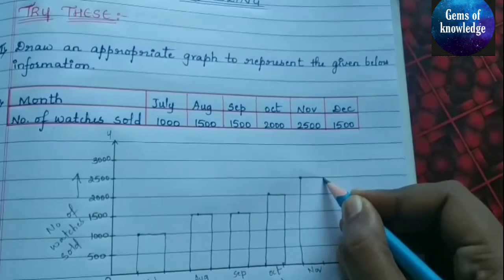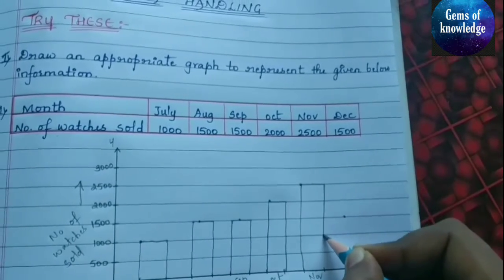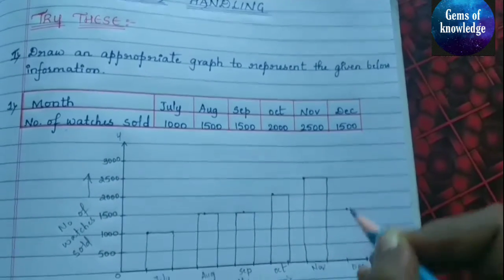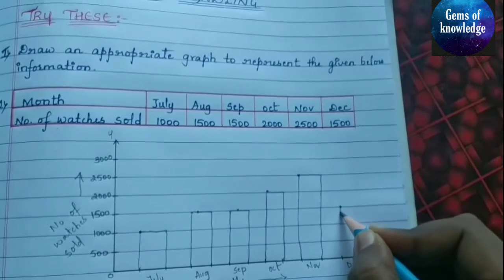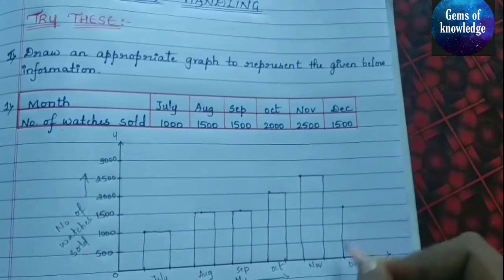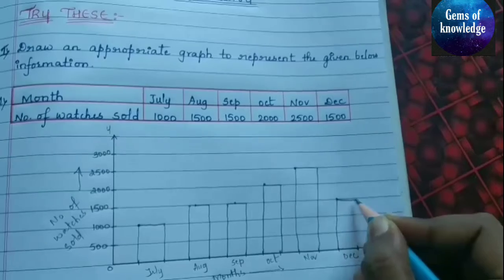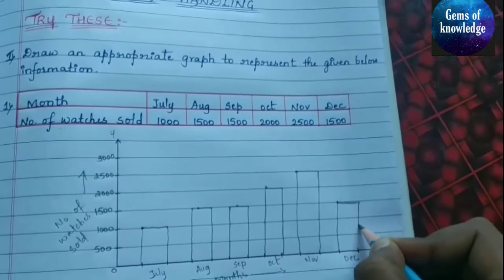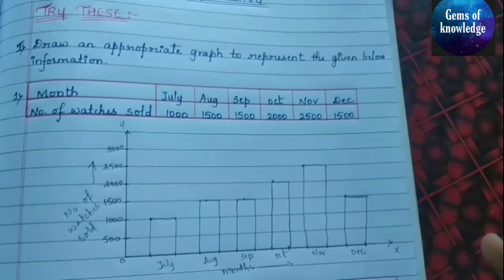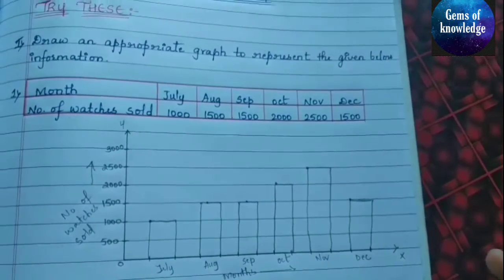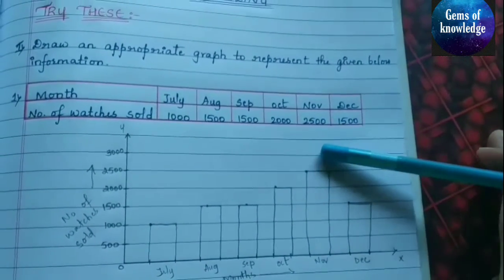Neglect my lines as they are not straight. This is just a sample question which I am showing you roughly. So this is the particular graph of this one.